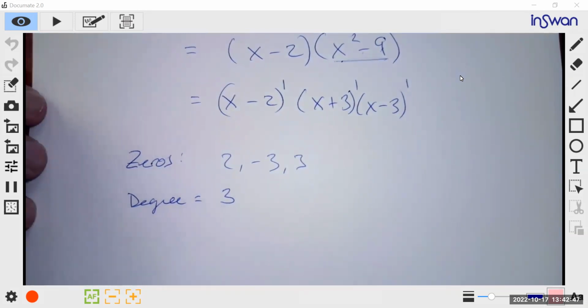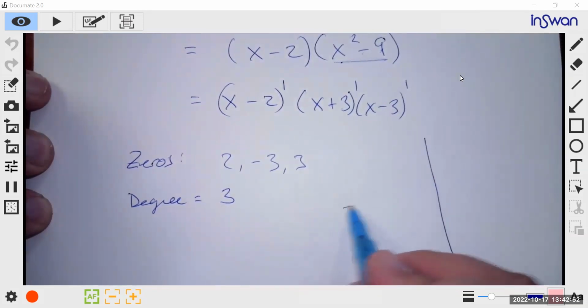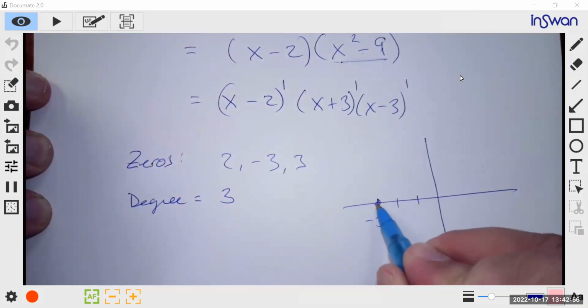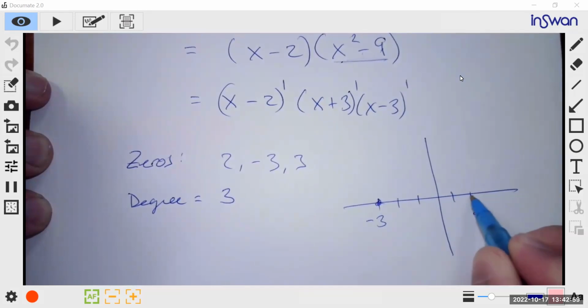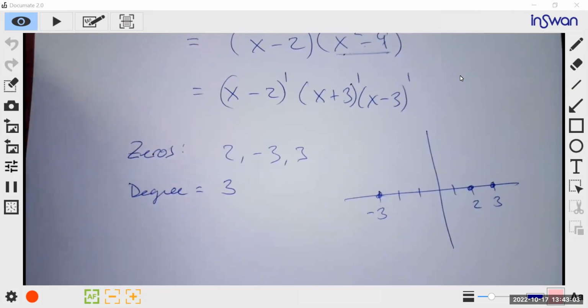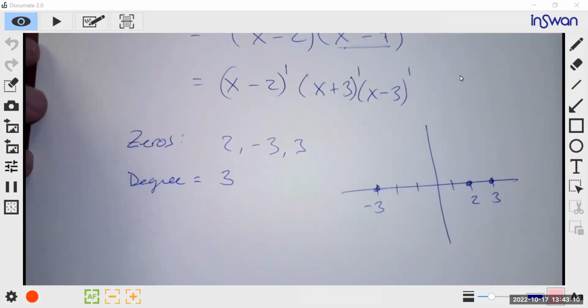So what does all that stuff tell me? What does it tell me? What's the graph going to look like?